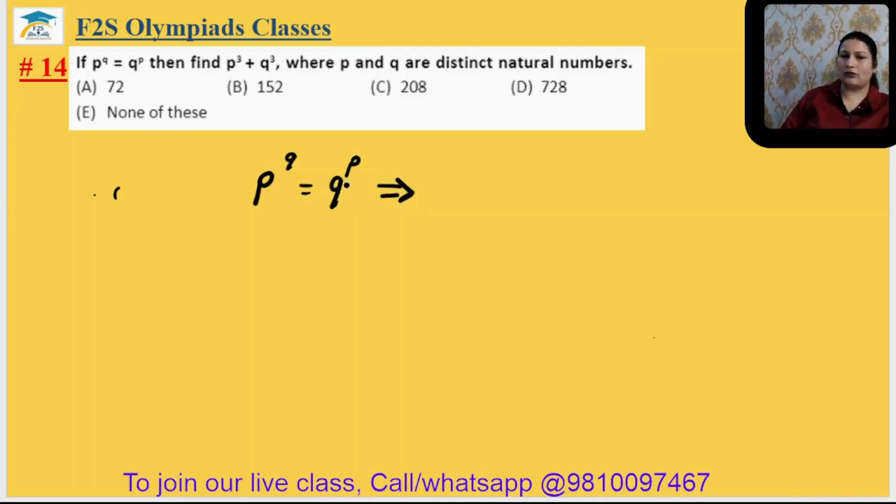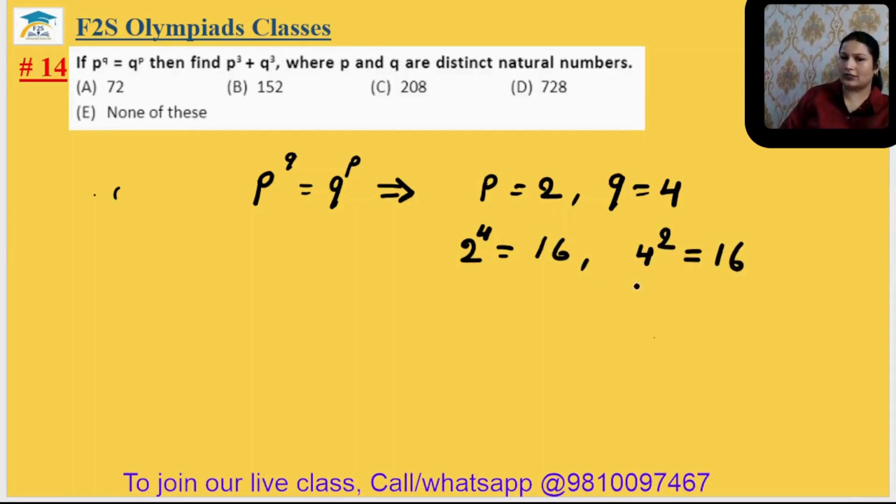It is possible when the value of p is 2 and the value of q is 4. If 2 to the power 4, that is 16, and 4 to the power 2, this is 16. So p equal to 2 and q equal to 4.